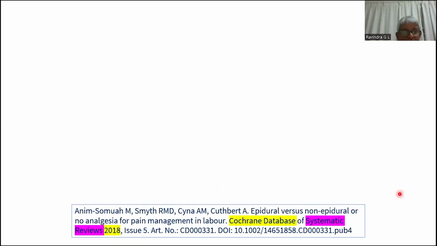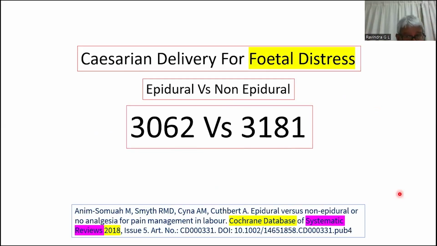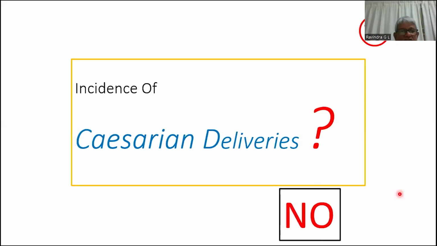The Cochrane database in 2018 also, epidural versus non-epidural, caesarean delivery for fetal distress: 3,062 cases in the epidural group, 3,181 in the non-epidural group. There was no significant difference between the 2 groups as far as caesarean delivery incidence is concerned. So if you ask me the question, does epidural increase caesarean deliveries? The answer is a strict no.